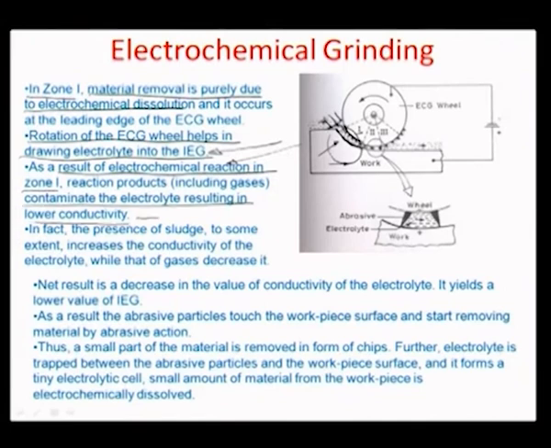So, in zones 2 and 3, the available conductivity of the electrolyte is decreased because of the byproducts, like debris and hydrogen gas, packed in from zone 1 because of electrochemical dissolution.